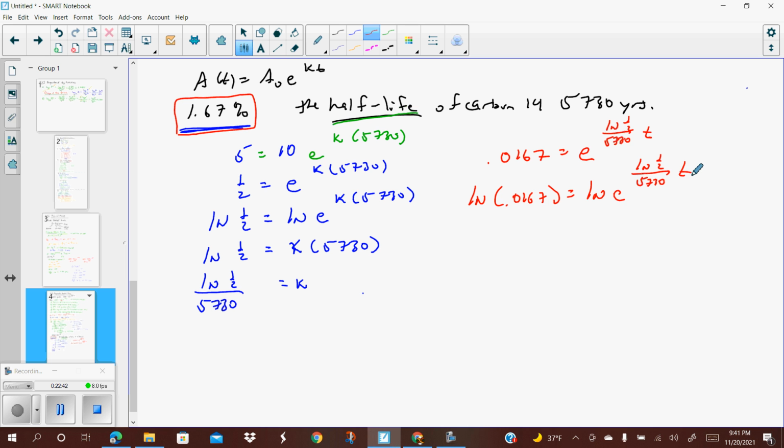The entire exponent comes out to the front. Natural log of e is 1. So you get the natural log 0.0167 equals natural log of 1/2 over 5,730 times t. And then this part's going to be a little messy. I'm going to multiply both sides by 5,730.